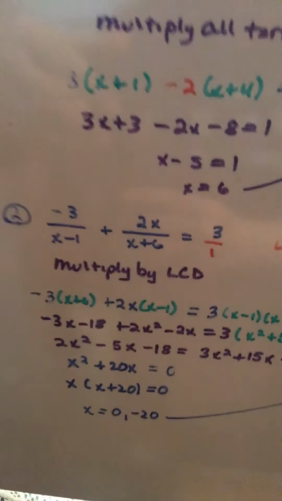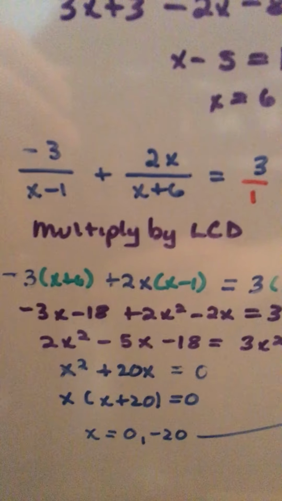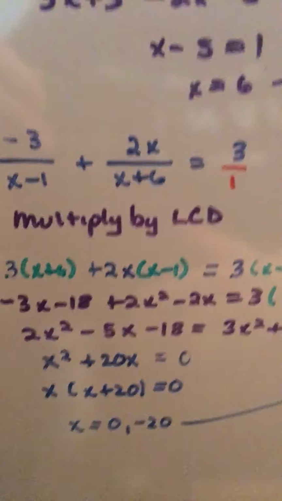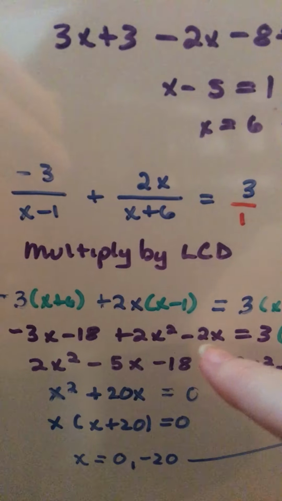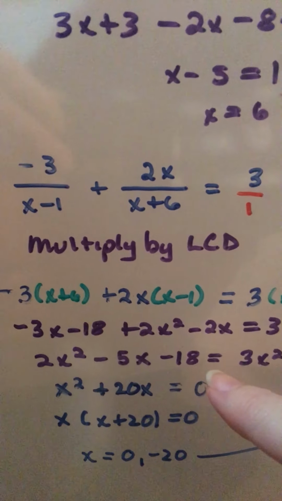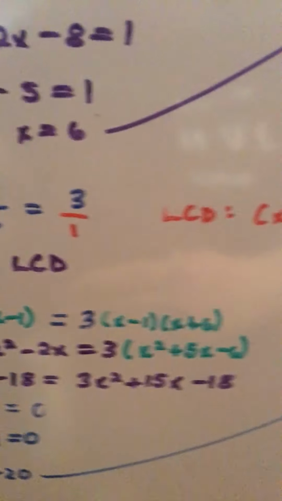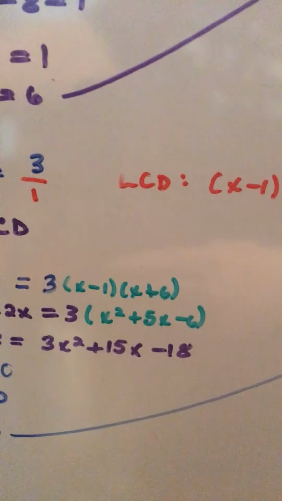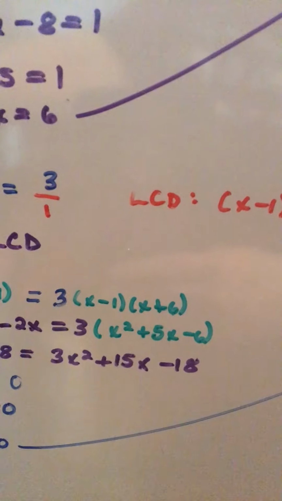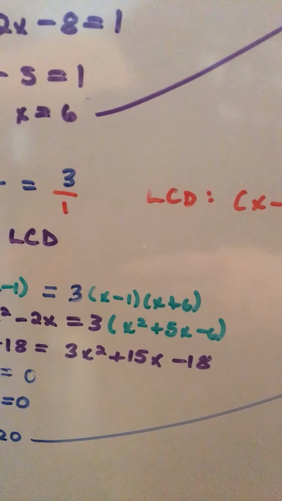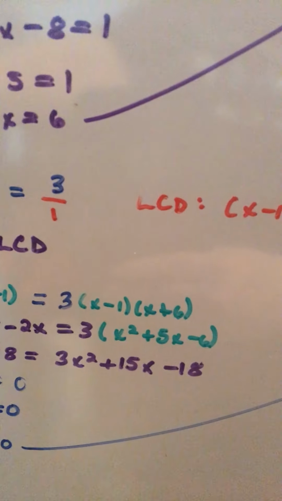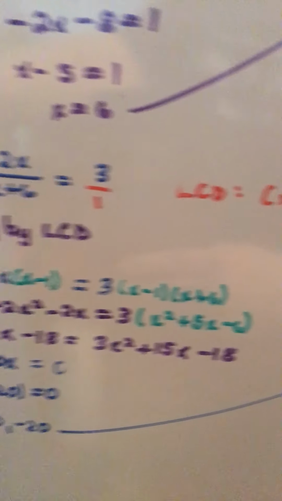So on the left, your teacher would have gone ahead and multiplied through this. I would have gotten that, and I would have combined that to get 2x squared minus 5x minus 18. I would then move to the other side. I would multiply the polynomials and get x squared plus 5x minus 6, then distribute the 3.